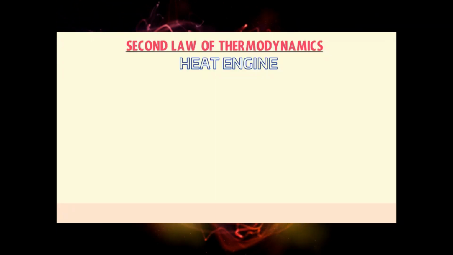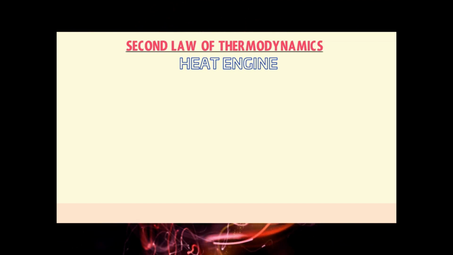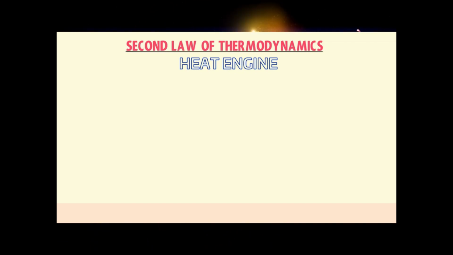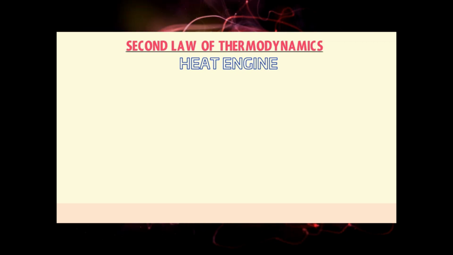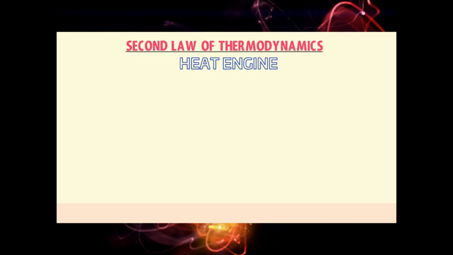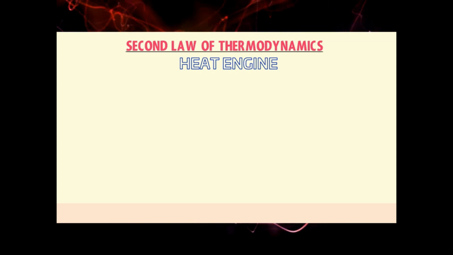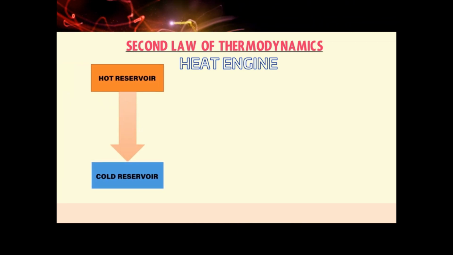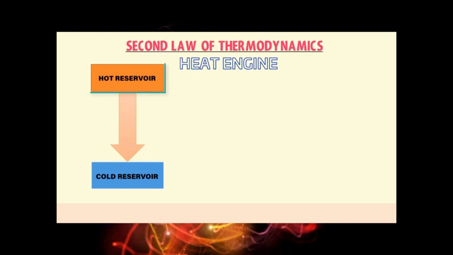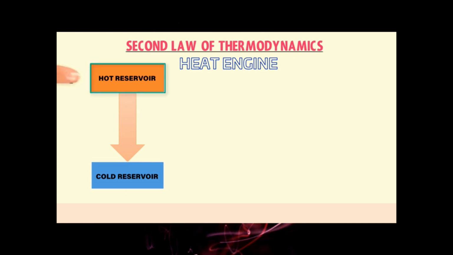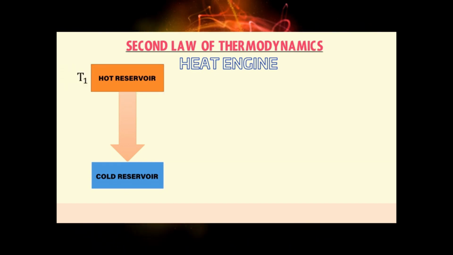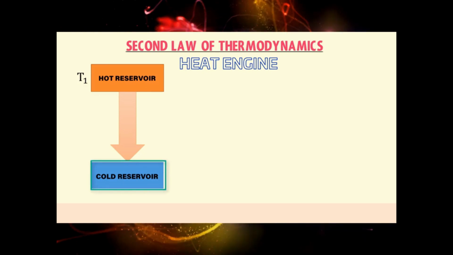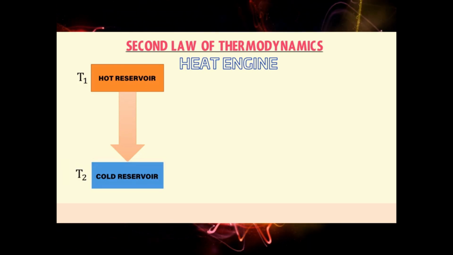What is a heat engine? A heat engine is a device that converts heat energy to mechanical energy. Now all heat engines follow a pattern of operation. Let's consider a hot reservoir and a cold reservoir. Hot reservoir has a temperature T1 or T hot, and the cold reservoir T2 or T cold.